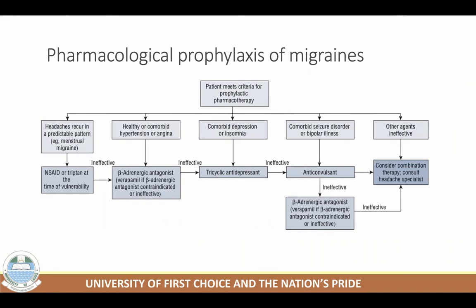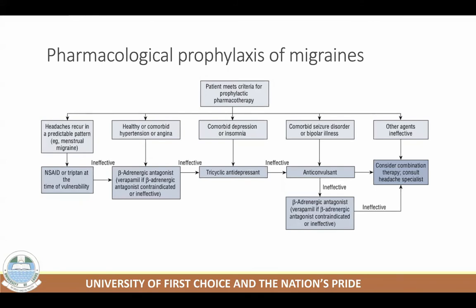You have timolol, you have divalproex sodium, you have topiramate, and you have propranolol. Yeah, those are the ones that have been approved for the use of prophylaxis because, one, they have fewer side effects compared to others that have been trialed in clinical trials, and then also they show some level of efficacy.